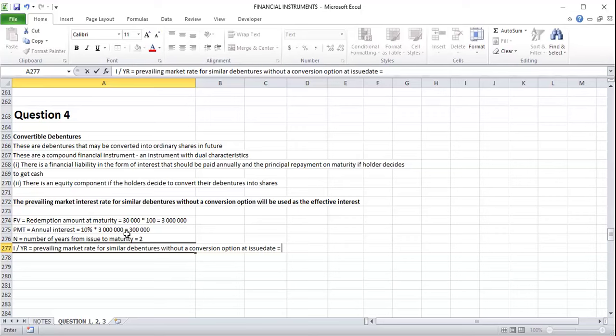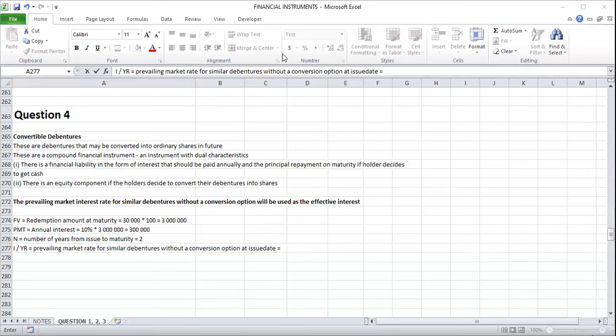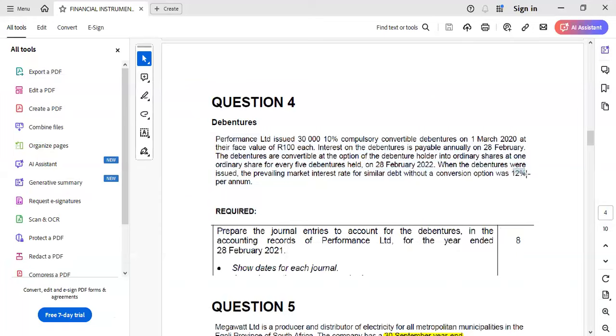We use the prevailing rate at the date of issue, for debentures without a conversion option. Right. So here we're told that it was 12%.